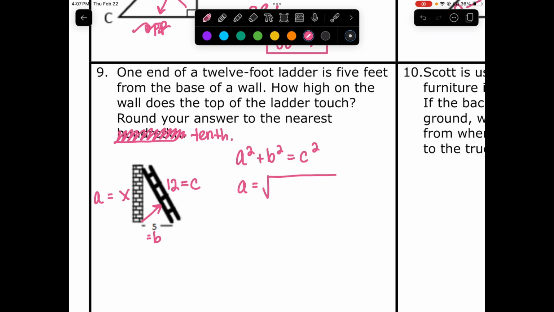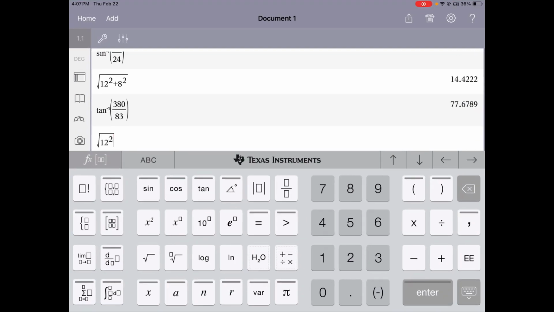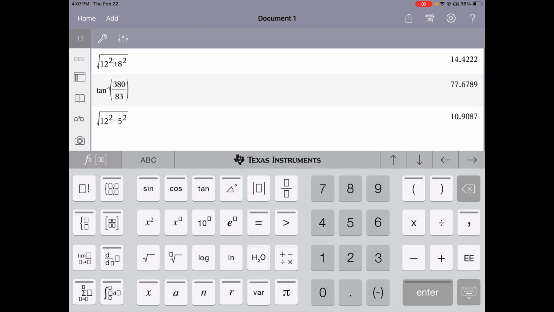A equals the square root of C squared minus B squared. So that's going to be 12 squared minus 5 squared. I'm going to put that in my calculator. Square root of 12 squared minus 5 squared, and that'll give me 10.9.